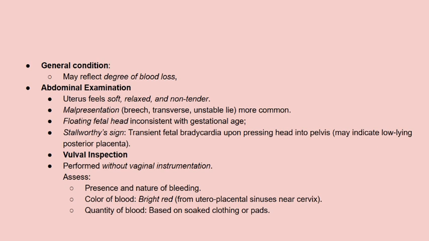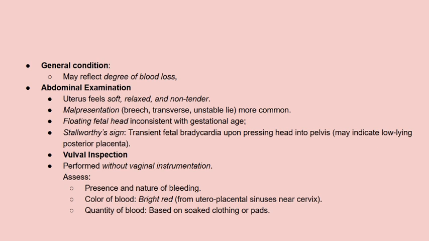So let's talk about the signs. The general condition of the patient would be dependent on the level of blood loss that has occurred. So somebody with mild bleeding will still look generally stable. There will be no pallor, there will be no lethargy. The pulse rate and blood pressure will be normal. But once bleeding has become torrential, there will be evidence of circulatory collapse.